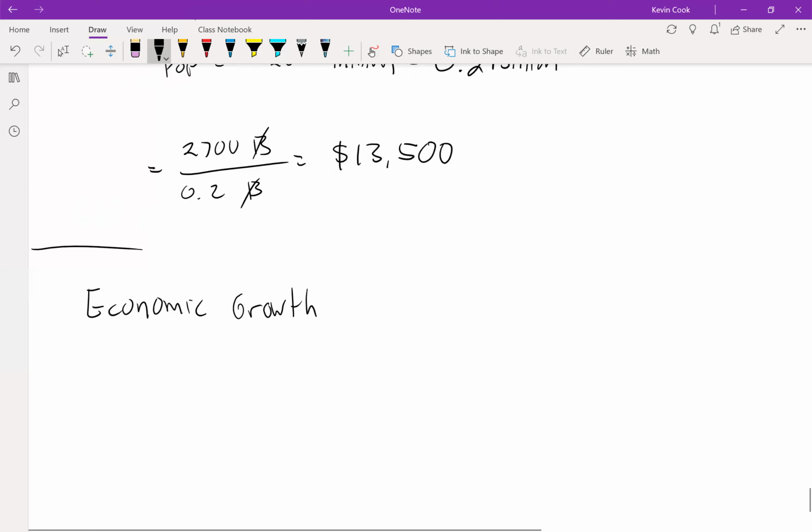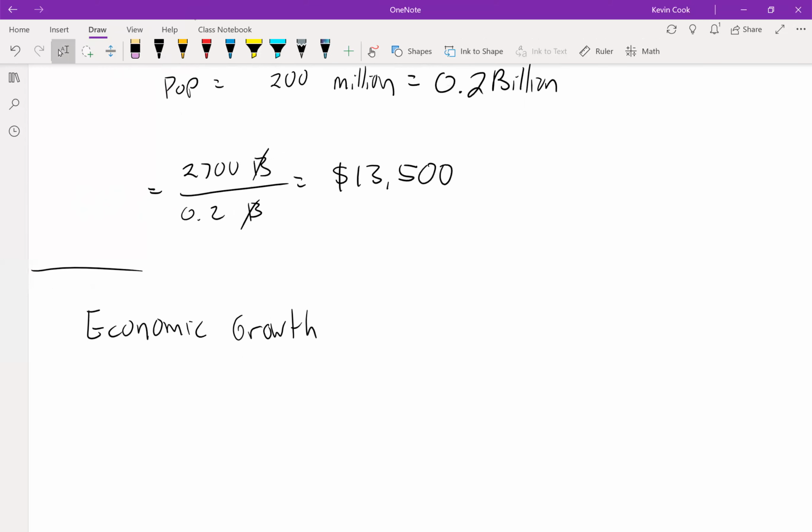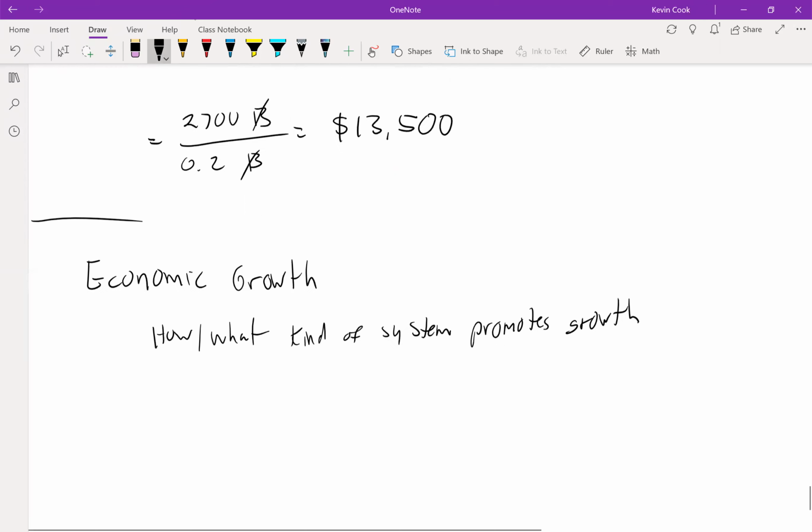But the main thing from here that we're interested in is how or what kind of system promotes economic growth, and more of a sustained growth.